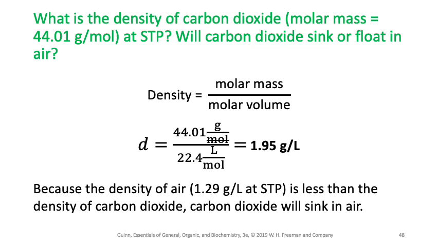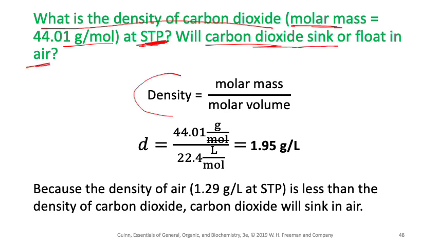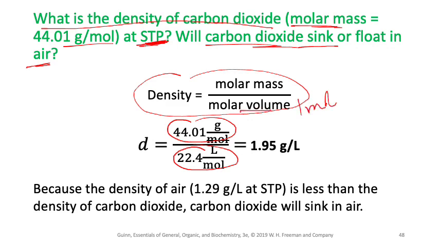Let's try to do one more problem on density. What is the density of carbon dioxide at STP, given the molar mass, and will the carbon dioxide sink or float in the air? So we know the formula. The amount is already given, 44.01 divided by molar volume, right? And we know that no matter what kind of gas we have, 1 mole of any gas is always equal to 22.4 liter.